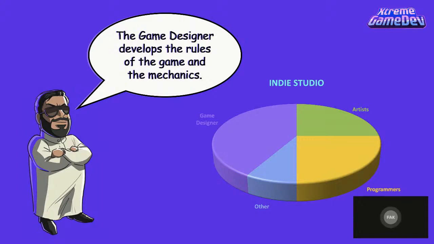Artists take part, obviously, programmers take part, but the game designer has a lot of responsibility because the programmer will take the design from the game designer and the artist will take the ideas from the game designer. So in an indie studio, the game designer takes heavy responsibility in the development of the game.